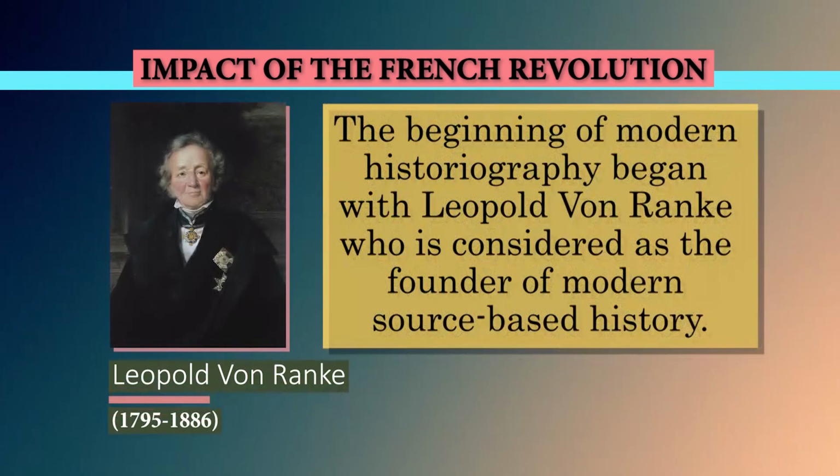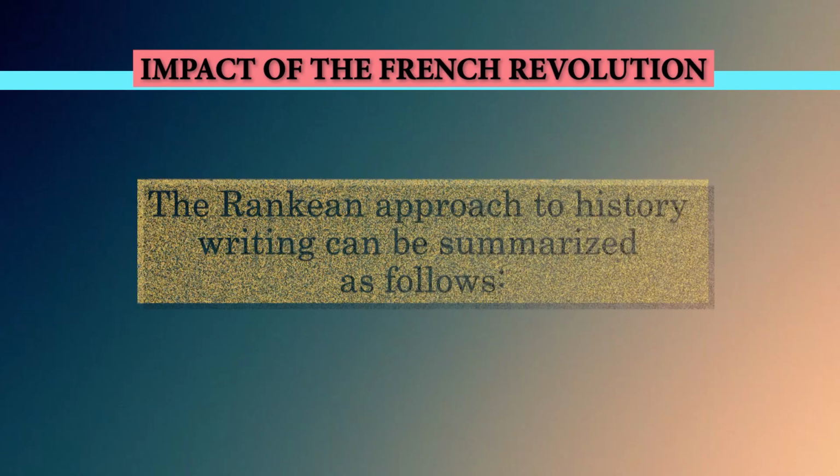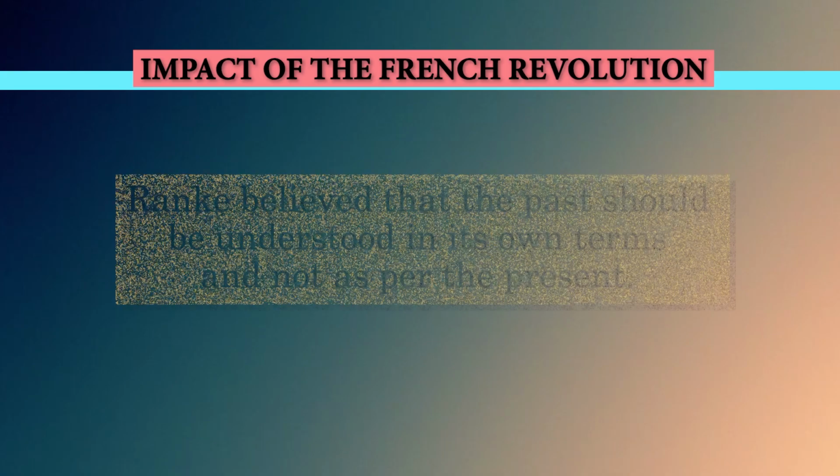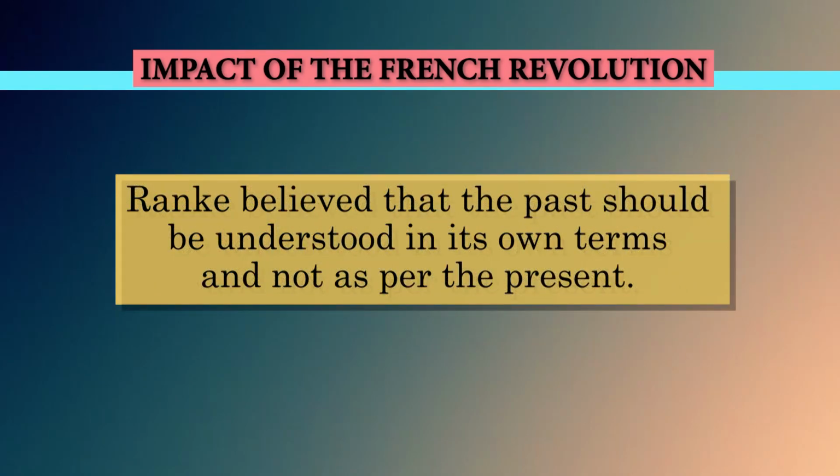The initiation of modern historiography began with Leopold von Ranke, who is considered the founder of modern source-based history. The Rankian method or approach to history writing can be summarized in this way. Number one, Ranke believed that the past should be understood in its own terms and not as part of the present.